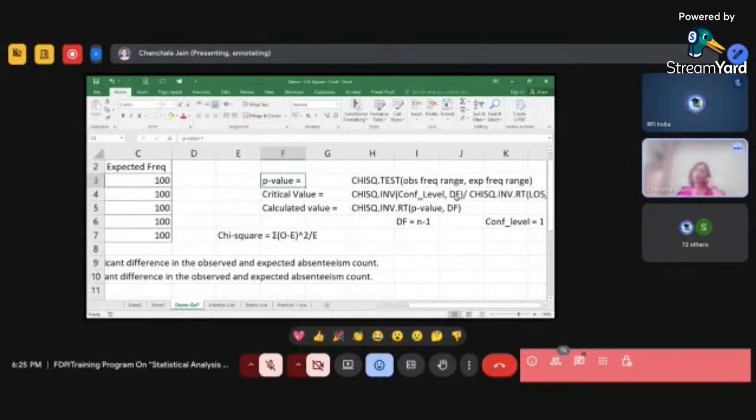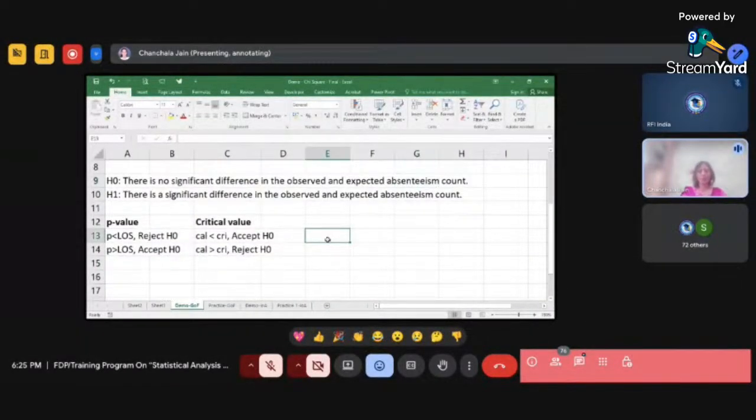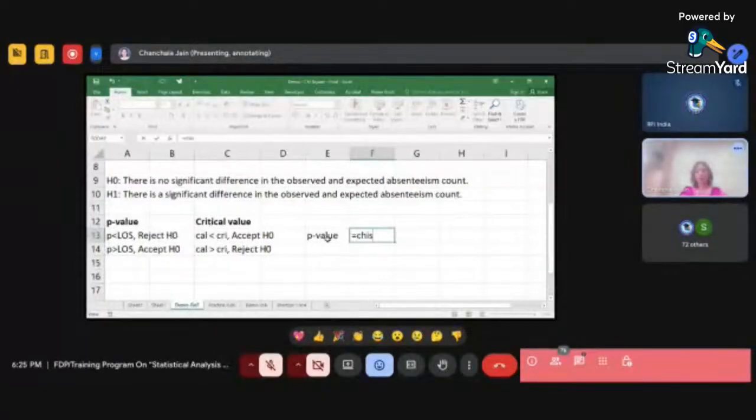I have made the notations very easy for you. Suppose I want to get a p-value, I'll put an equal sign and type here chi-square dot test. Depending upon the version you are using, in other versions it can be CHISQ, and without dot test written.